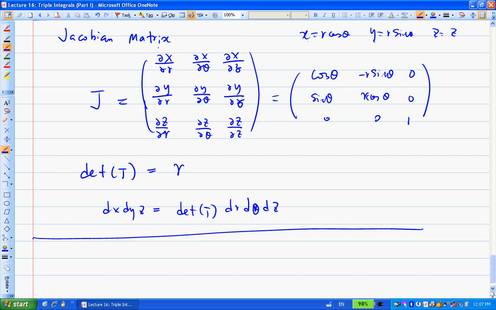As a matter of fact, this Jacobian matrix is 3 by 3. This is the function f of r, theta, z, which has three functions: one is x, one is y, one is z.